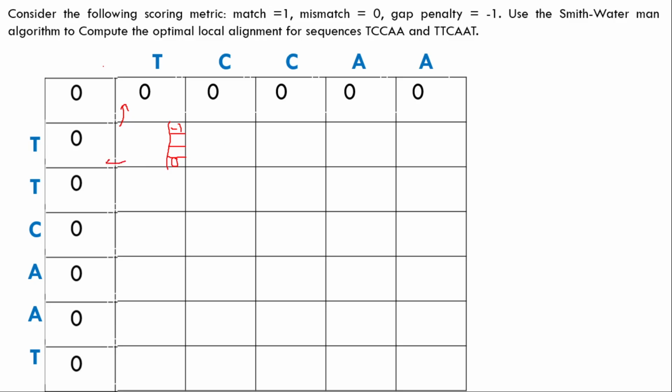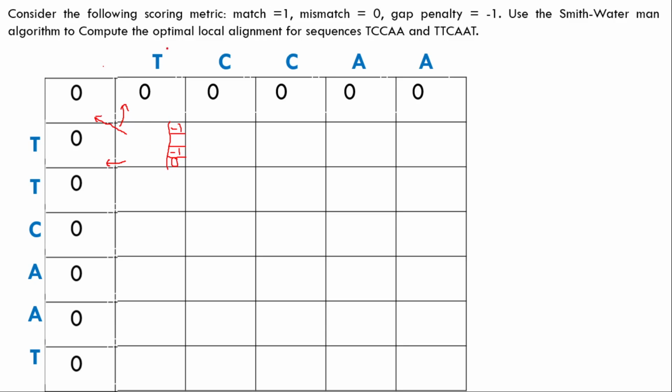Once you move to the left side, the value is 0. Add the value of gap penalty, and that you write down here. Done. Now move in the diagonal. Once you go in the diagonal, how much value do you get in this case? 0.